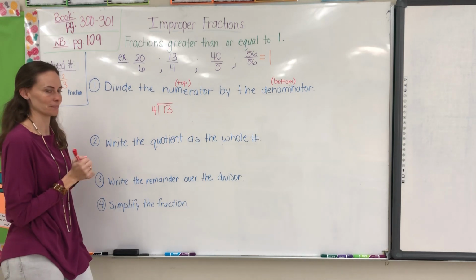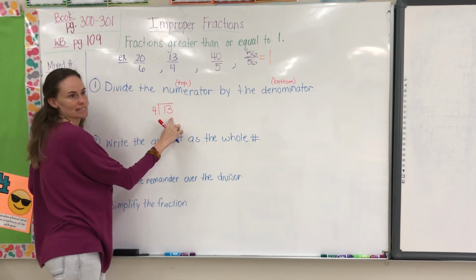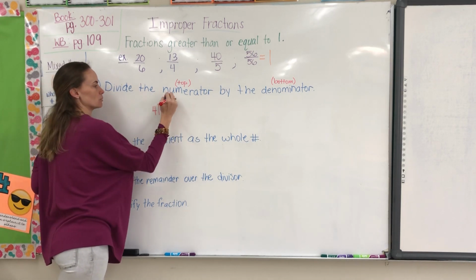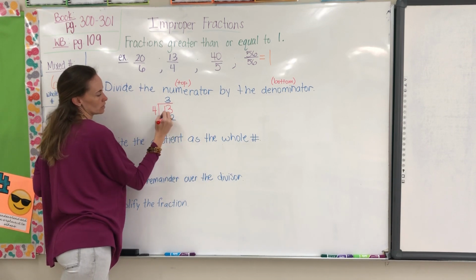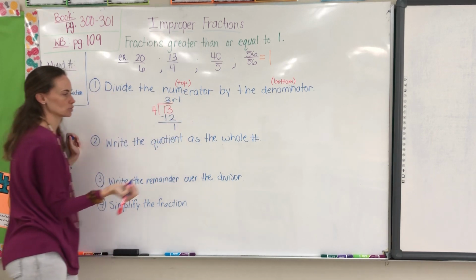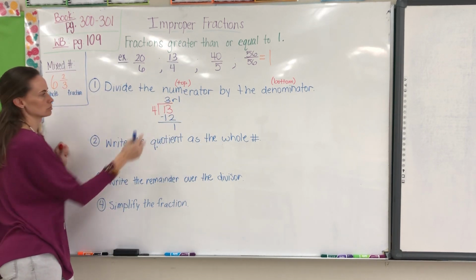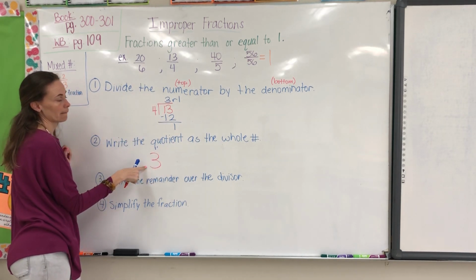Okay, go. Alright, so we're going to divide. 4 can go into 13 how many times? Again, it's not evenly, but we'll get close with 3. 4 times 3 is 12. We get 1 left over, so 3, remainder 1. How do we write that as a mixed number? Step 2, the quotient becomes our whole number, so 3.